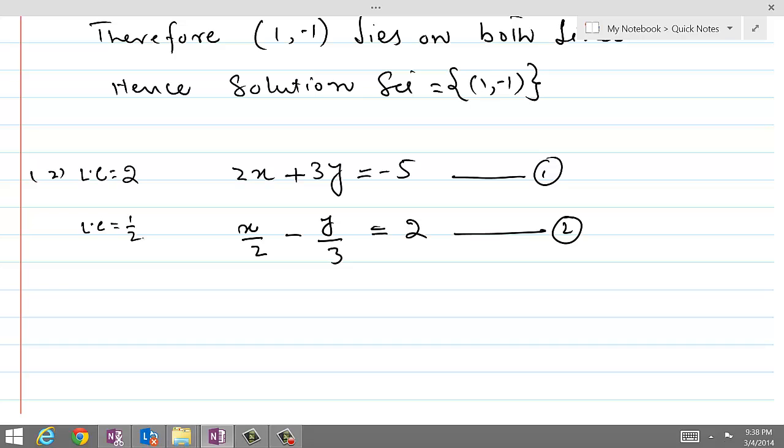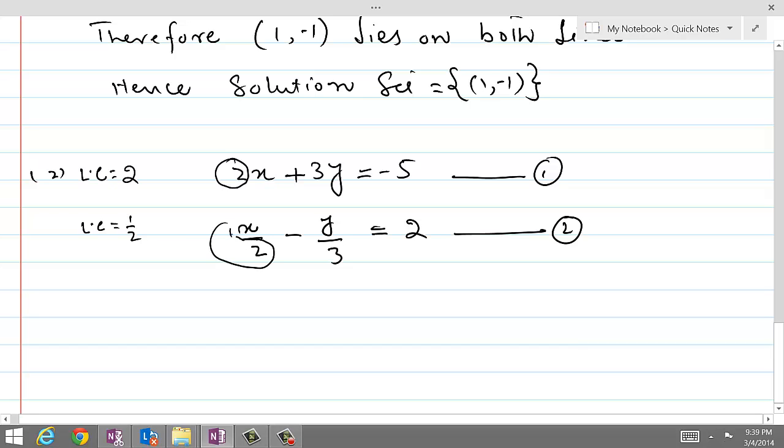Remember that these terms must be aligned before finding the LC, meaning x below x and y below y.